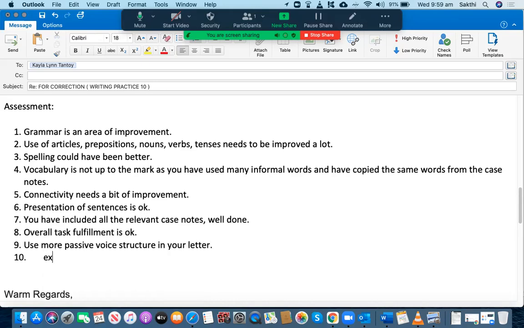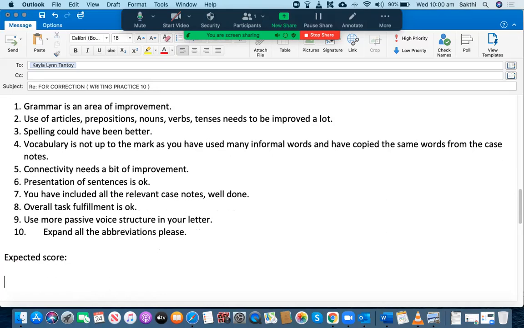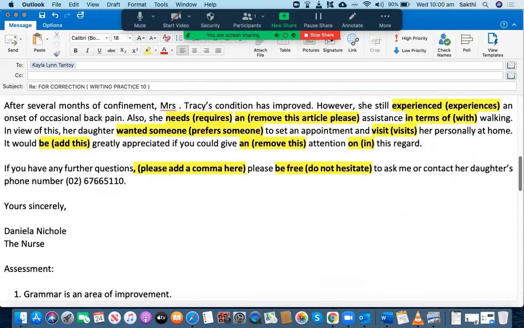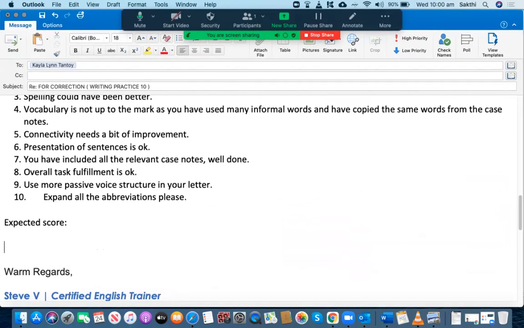Okay, expand all the abbreviations, please. Okay, to me, when I look at the severity of the mistakes that you have committed and then the number of mistakes, it seems to me like a C grade letter. I'm happy to give you 250 out of 500.